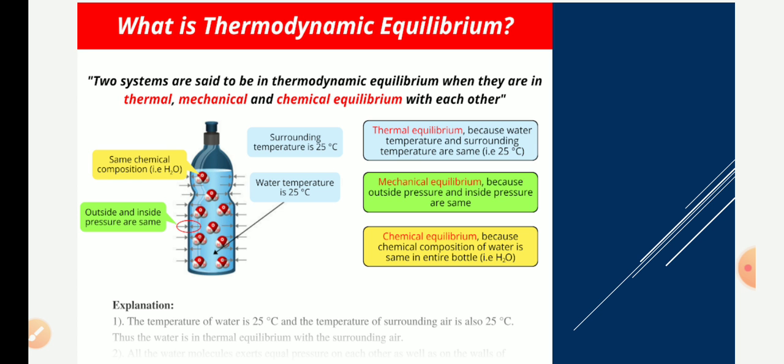From the figure you can easily observe that in the bottle there is water at room temperature, and the surrounding temperature is also room temperature. Both are in thermal equilibrium with each other.